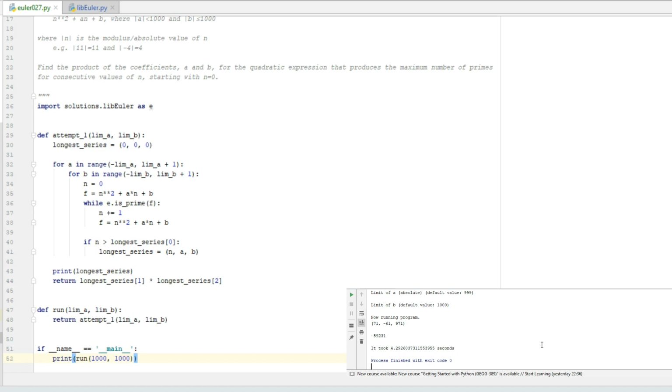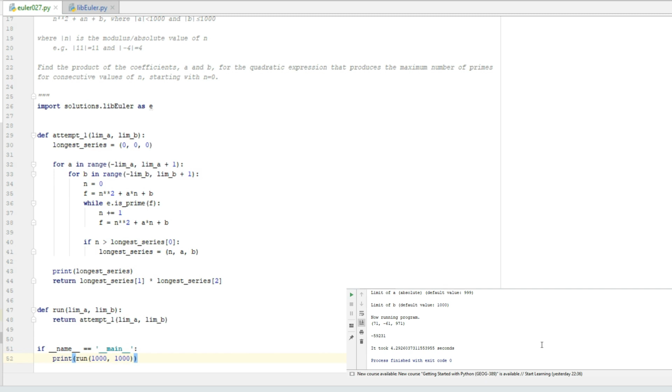It gave us an answer, which, if I may spoil it, is correct. If you enter this number over at Project Euler, you will get the green check. And it's fairly efficient, in only 4.29 seconds.